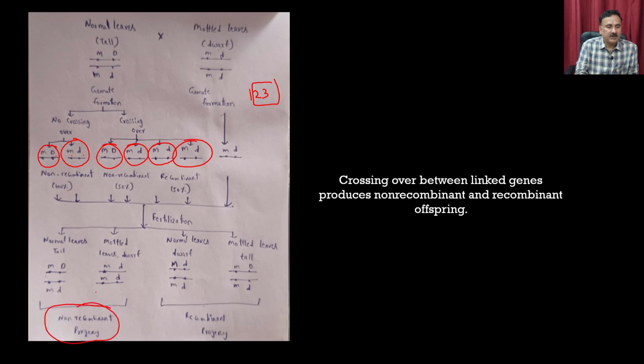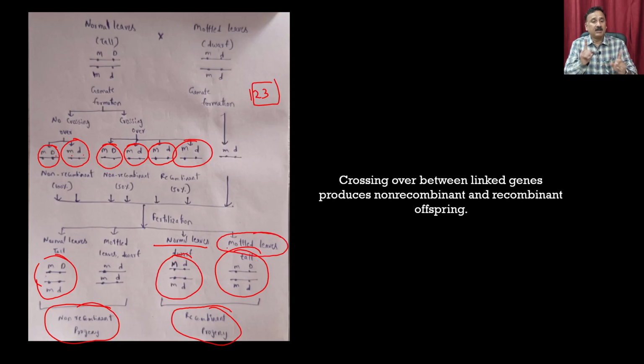These are the non-recombinant progeny where you have the pure organisms. But when there is a recombination, it is going to produce dwarf as well as tall. So this is going to be a normal leaf but dwarf, and this is going to be a mottled leaf but tall, because there is a recombination.